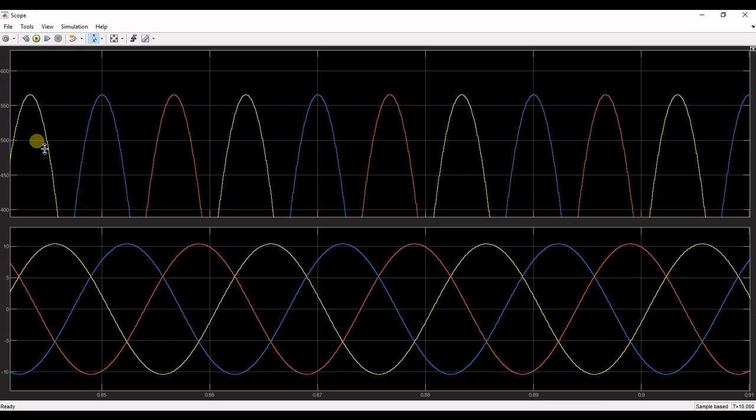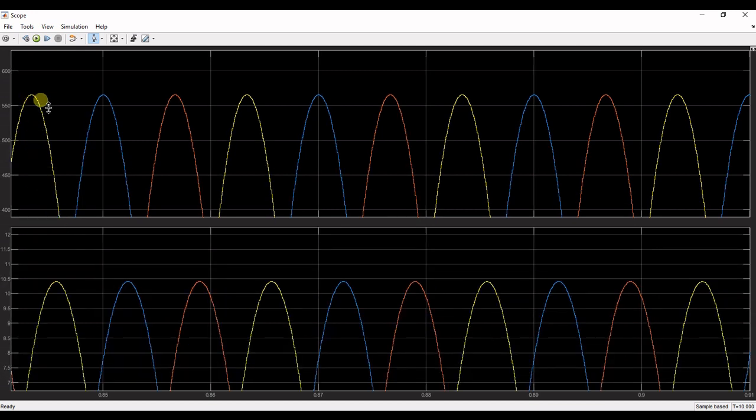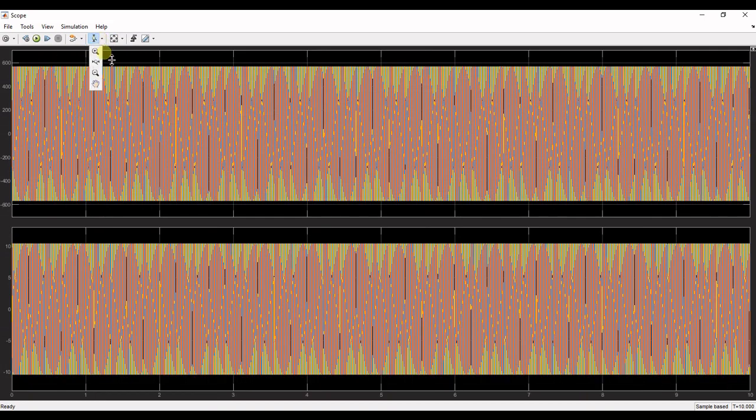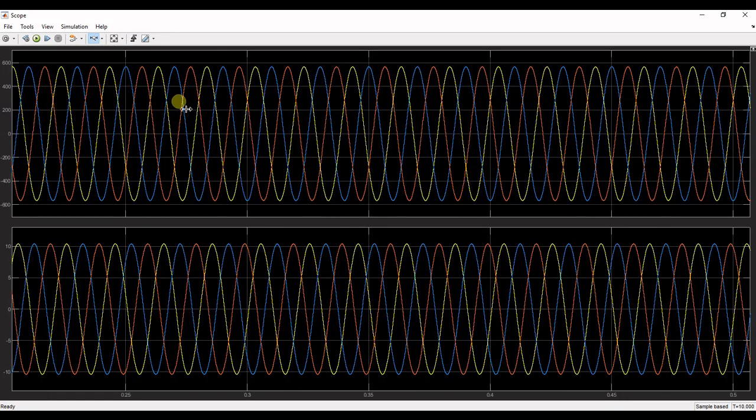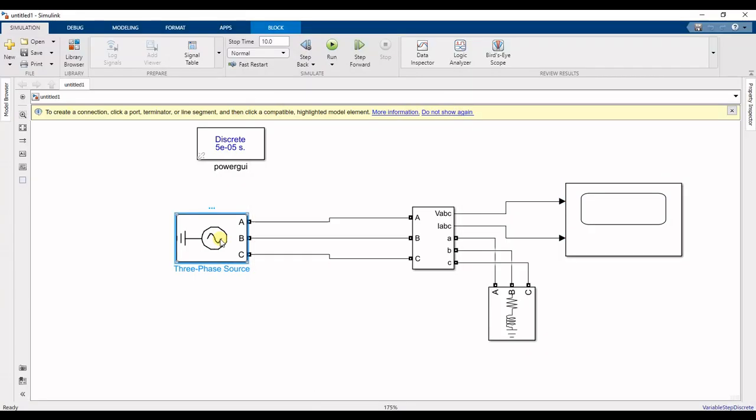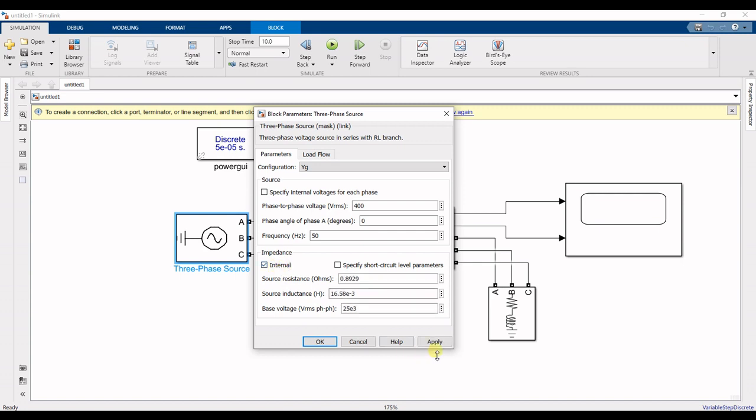The peak of the output is around 560 for the voltage waveform and 110.5 for the current waveform. So what does it mean? Why is it coming as 560 volts? We have this value as a peak voltage. We have set the parameters 400 volts VRMS.